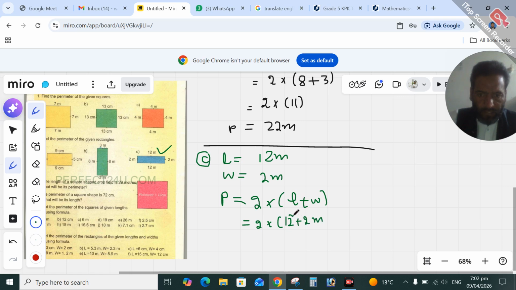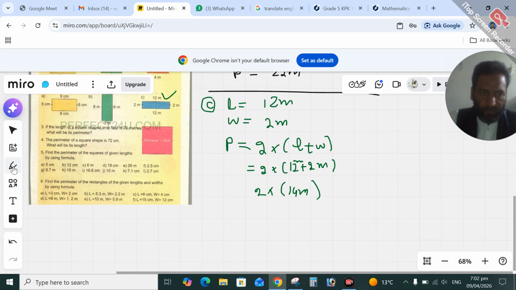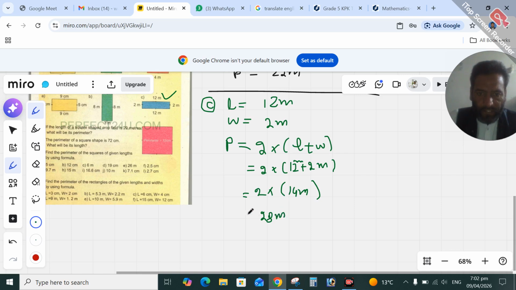Let me write meter here, right? So 12 plus 2 equal to 14 meter, and here 14 times 2 is equal to 28. So 28 meter is the required perimeter of the rectangular shape, right?